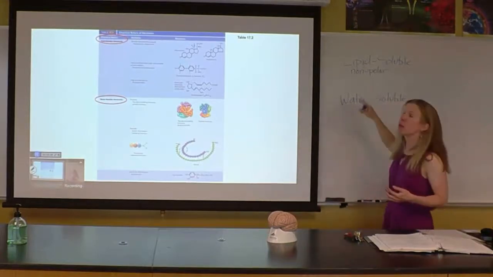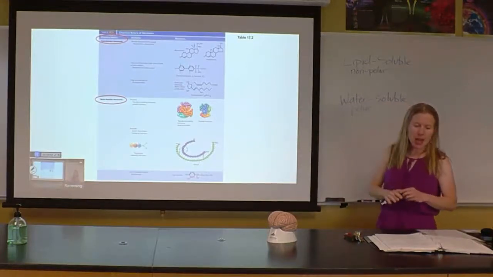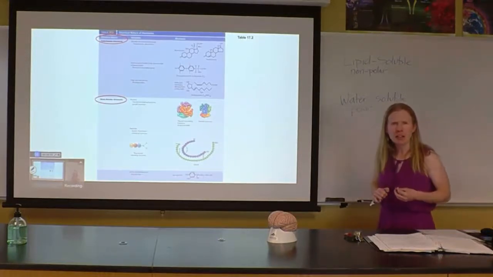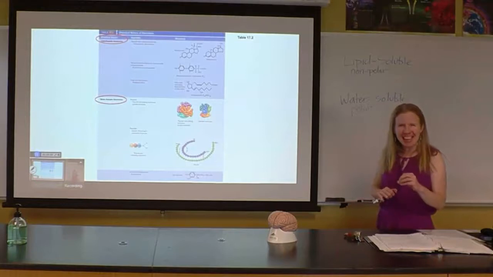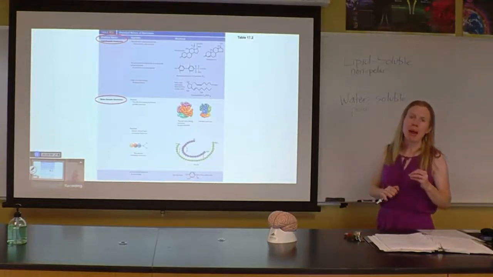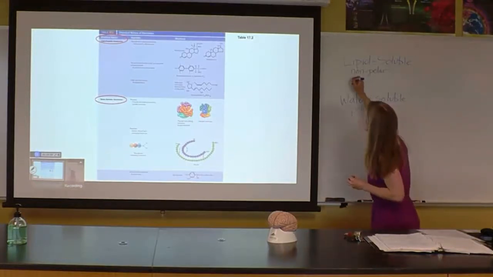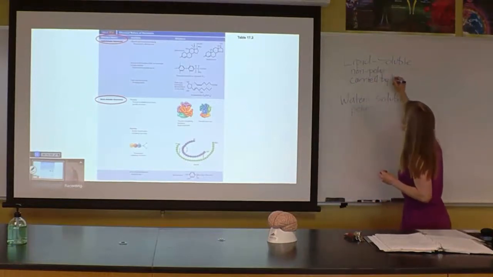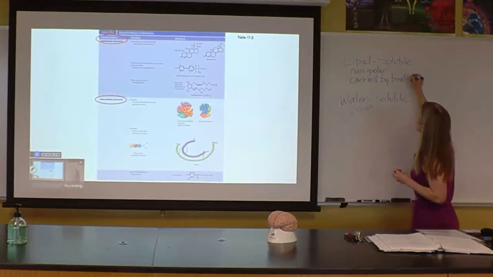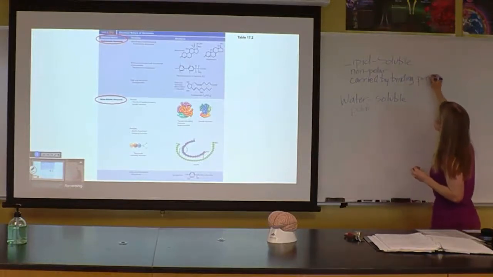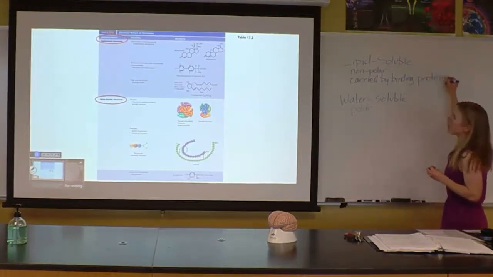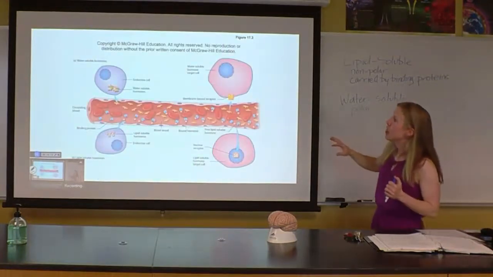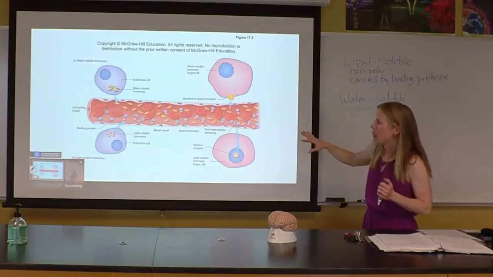And so what we're going to see with the lipid-soluble hormones is that they're very often, I want to say always, carried through the bloodstream by binding proteins. So you would very rarely find them free-floating in the bloodstream.